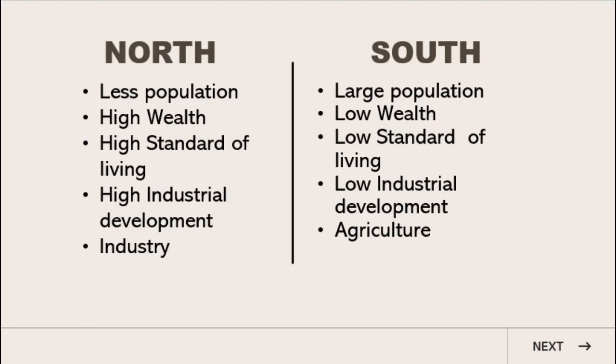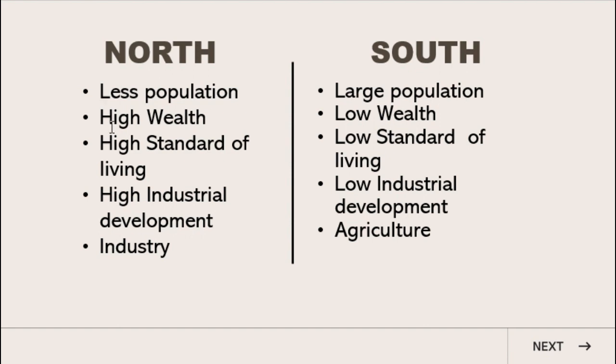We have this summary. So first, in terms of population, North has lesser population and large population naman sa South. The implication of this in terms of government is mas natututukan ng government sa North yung citizens, yung population niya. Whereas sa South, fragile na nga yung political system, madami pang aasikasuhin na citizens.